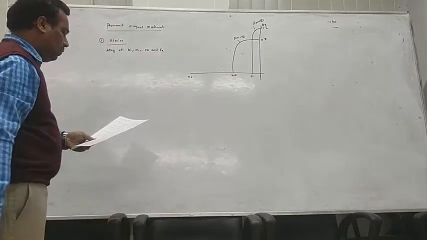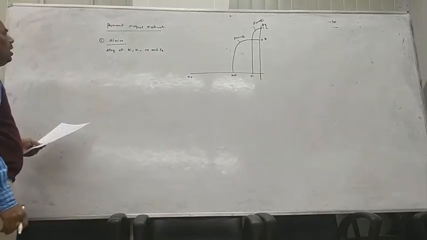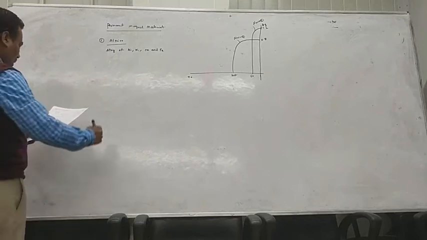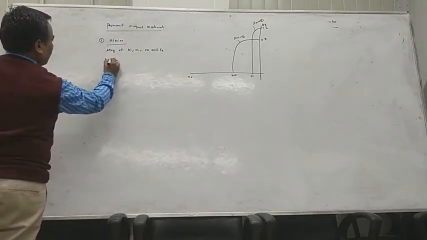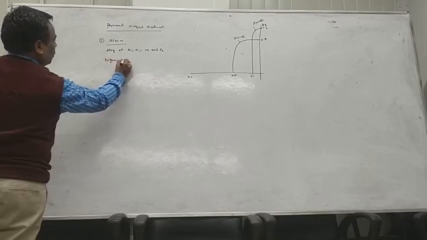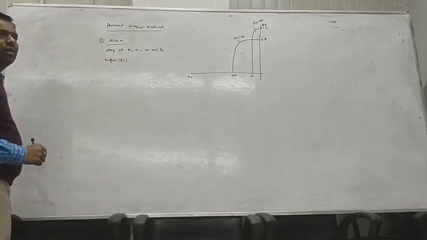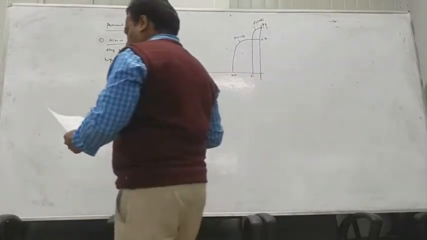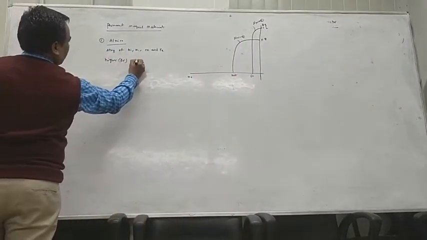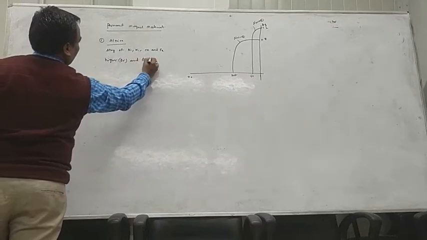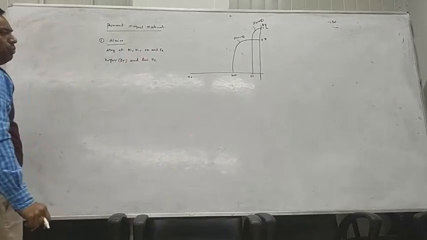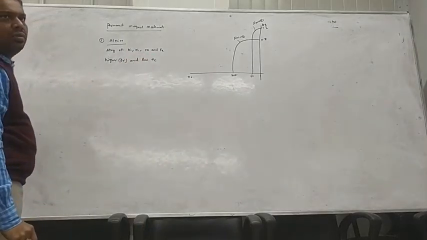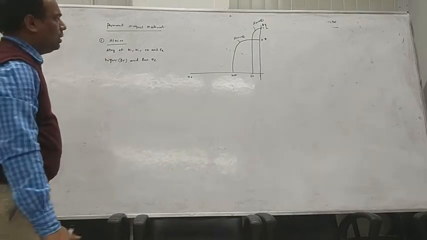So in case of Alnico materials, higher residual flux Br value and low value of coercive force. That's why this is the graph.